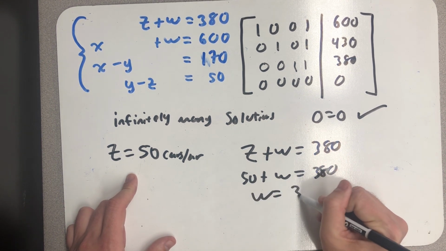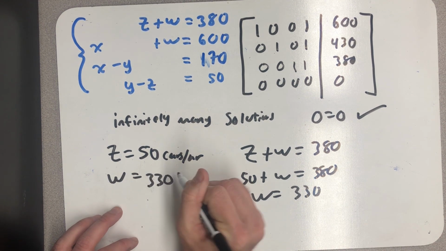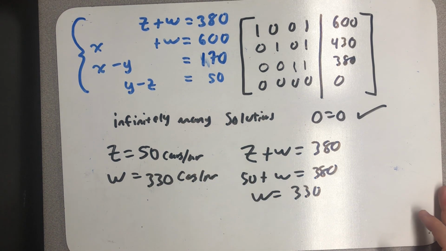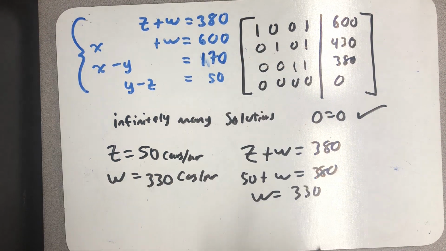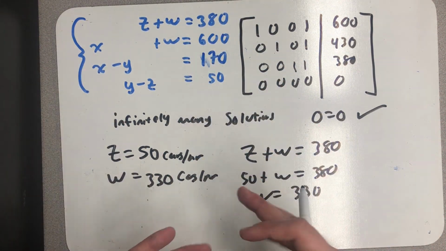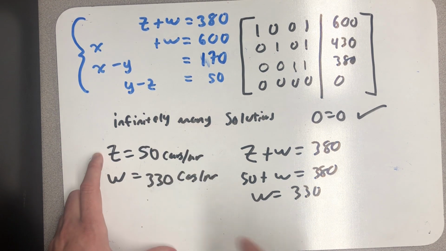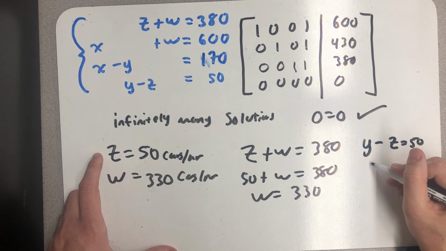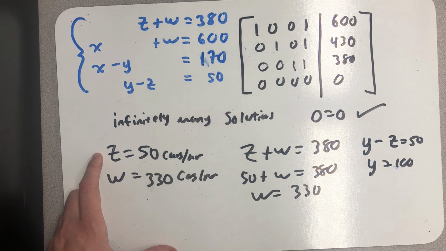W would have to be 330 cars per hour. All right, well, I found half the variables. If I can just keep finding things, I'm fine. And I can use anything that's written here, but I can also use information that's in my original matrix. And since I know z, and this says y minus z equals 50, I can find y. Y is 100, because when I plug in 50, I add 50 to both sides, I get y equals 100.